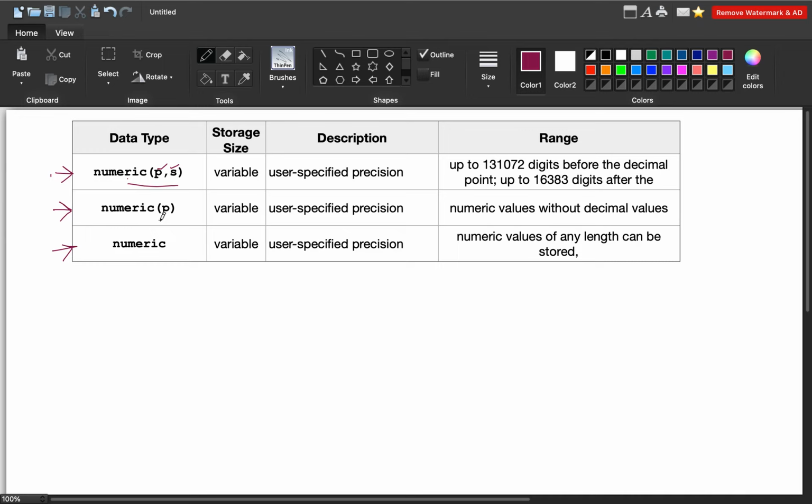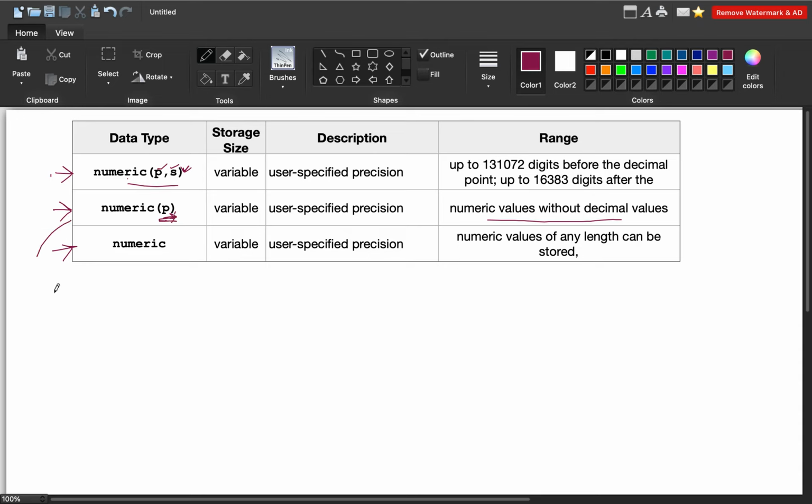When you only define P, that means precision value and no scale, it means numeric values without decimal, because I have not defined S here, right? S stands for scale, which indicates the number of digits after the decimal. Since I have not defined S, it is not going to accept any digit after the decimal.